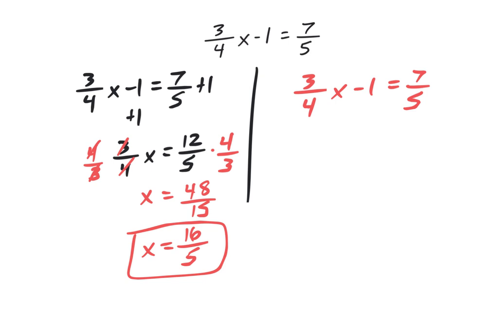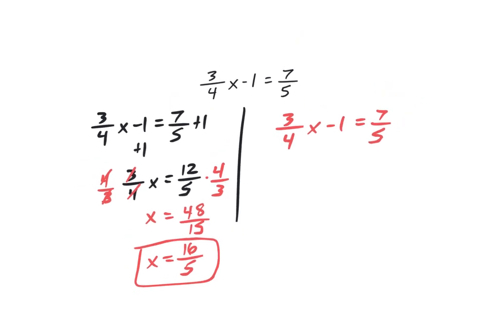If I want to solve this without fractions and just get it into a basic old equation that we're used to solving, then I need to get rid of the fractions. And so what I could do here is multiply by the least common denominator. So right now, my denominators are 4 and 5, two numbers on bottom.